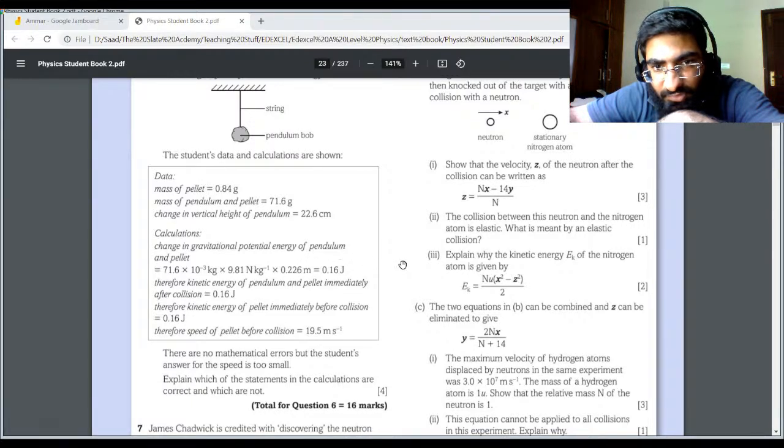Right. Okay. And if some energy is lost, then this after-collision energy will not be equal to the before-collision energy for this particular pellet.